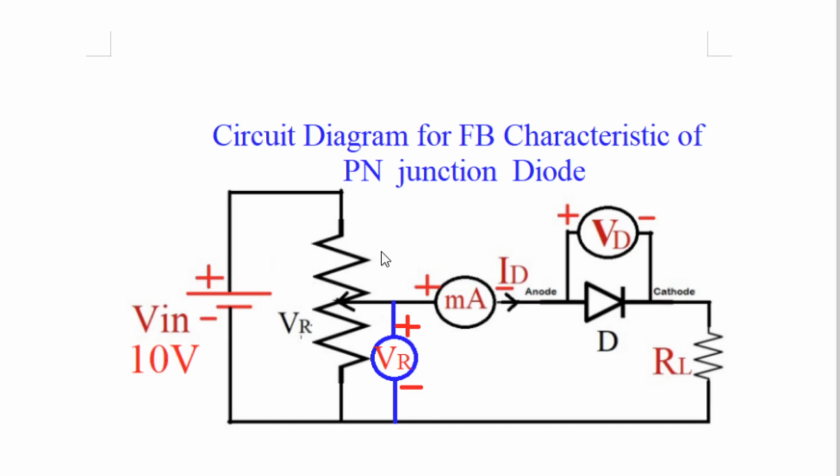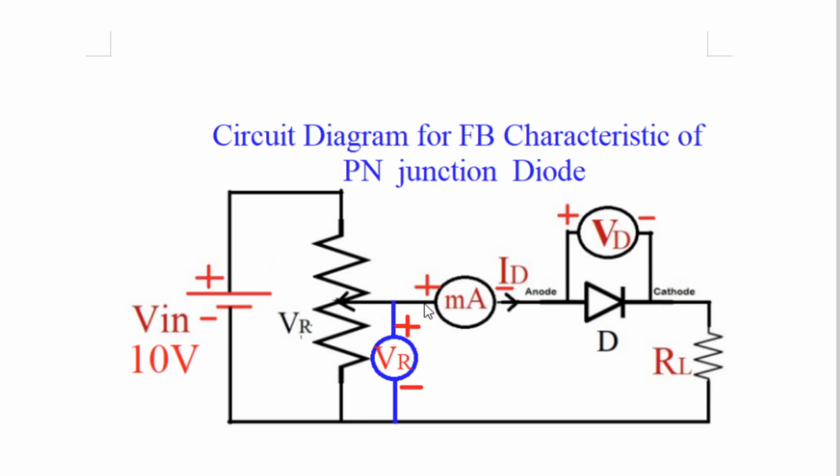Input voltage V in is a DC voltage, a 10 volt battery. Then we have taken one variable resistor, which has three terminals. The upper terminal of the variable resistor is connected to the positive of the battery. The lower terminal is connected to the negative of the battery, and the variable terminal of the variable resistor, which is also called the wiper, is connected through the current meter to the anode of the diode.